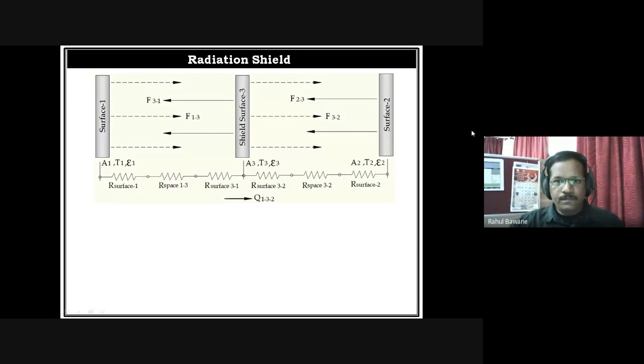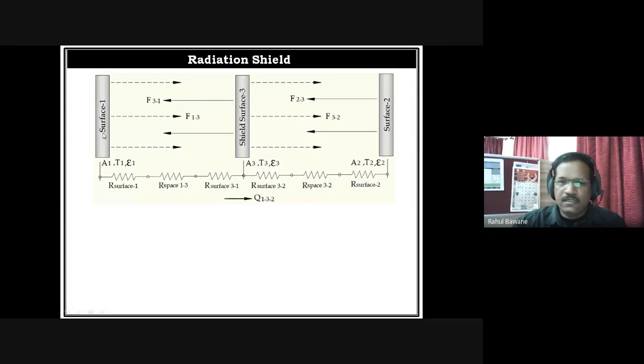Now we know that if heat transfers between two surfaces, there is a formula with space resistance and surface resistance. Now suppose I insert one shield. As I said, a radiation shield has low emissivity and high reflectivity, correct? Now if I insert one shield here, how does heat transfer take place?